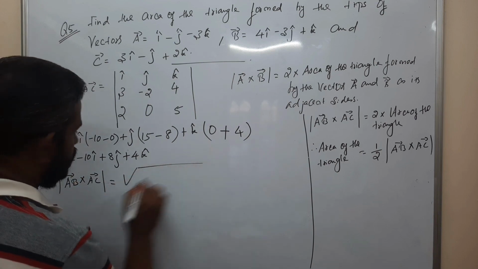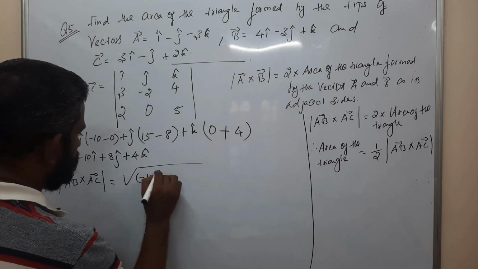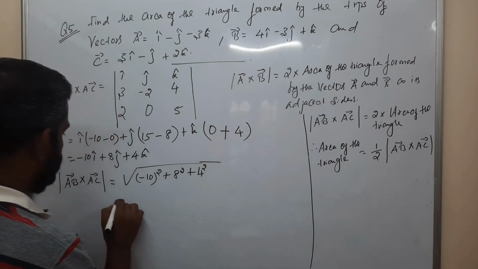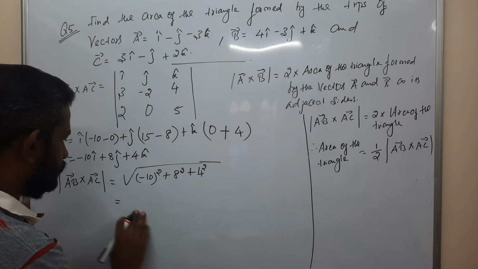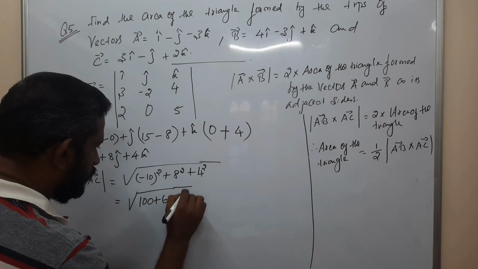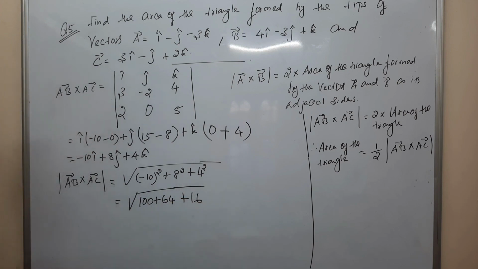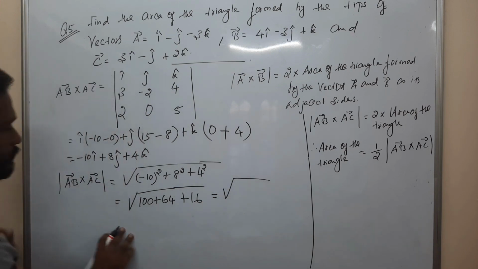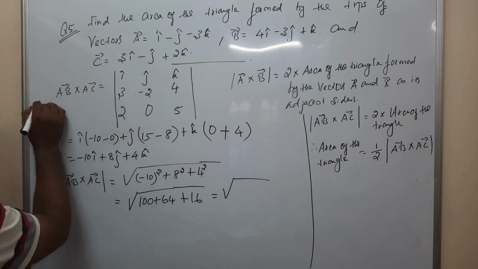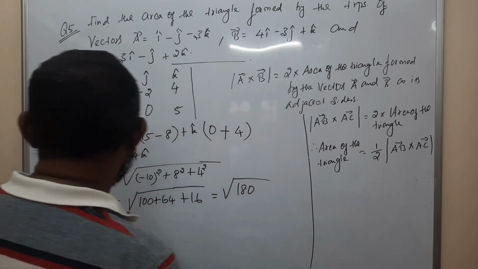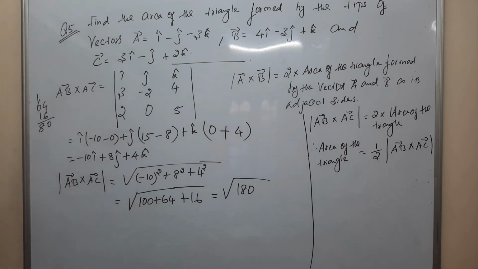It is equal to the square root of minus 10 square plus 8 square plus 4 square, that is 100 plus 64 plus 16, so square root of 180.